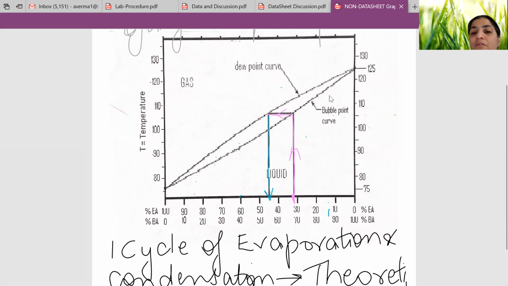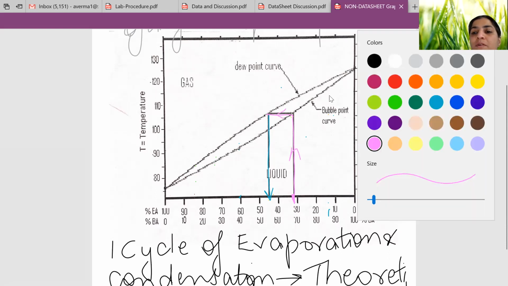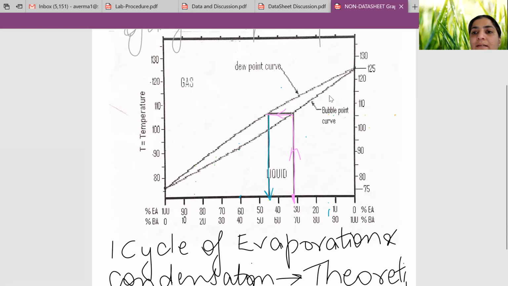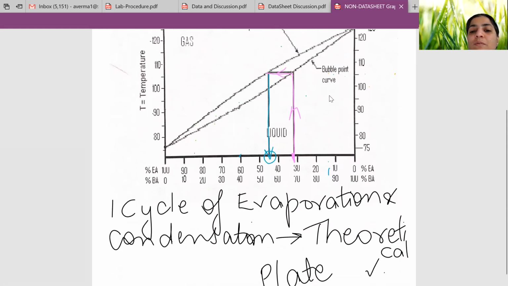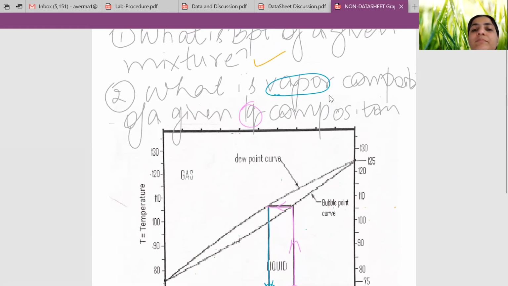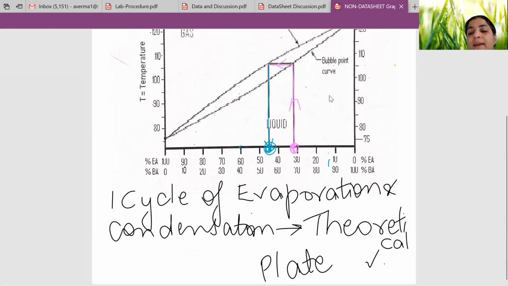So you evaporate, you cool, and you observe what is the composition at this particular point. Now let's say that I see 45% ethyl acetate and 55% butyl acetate. So for the liquid composition, my vapor composition would be right here. While my liquid composition, the given liquid composition, is right here.